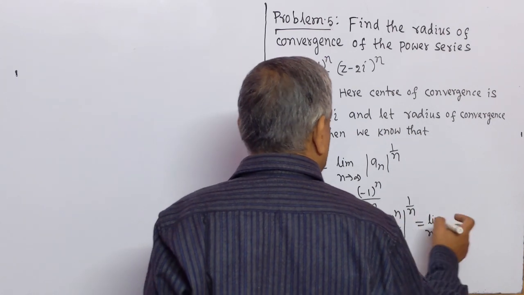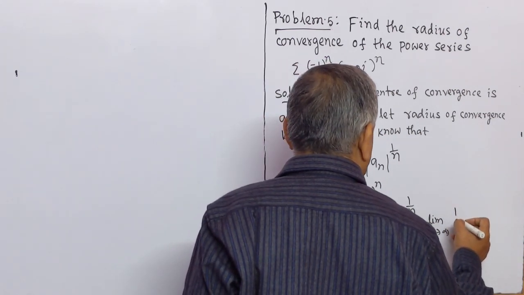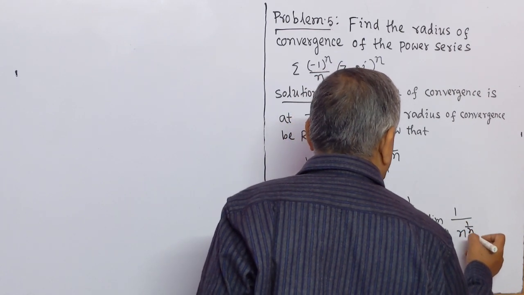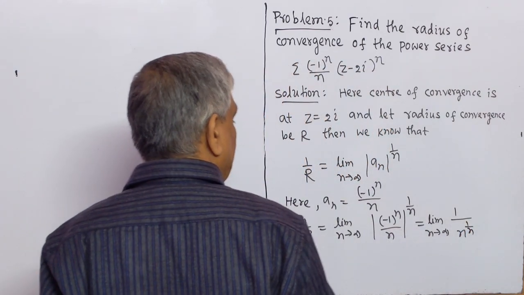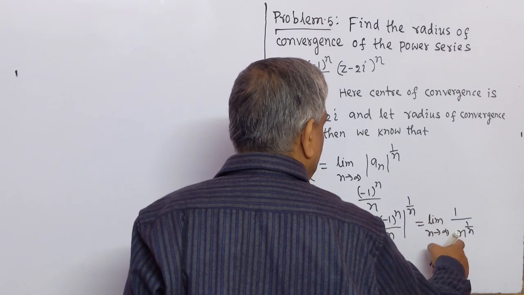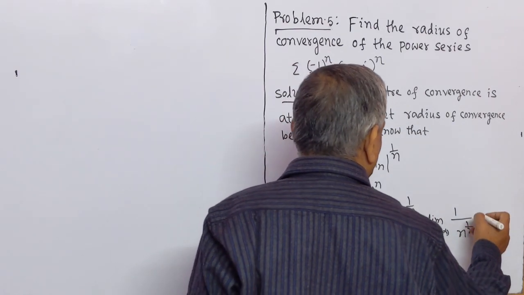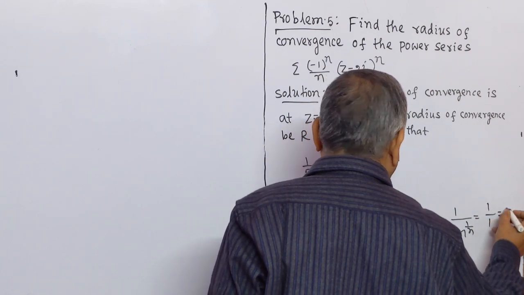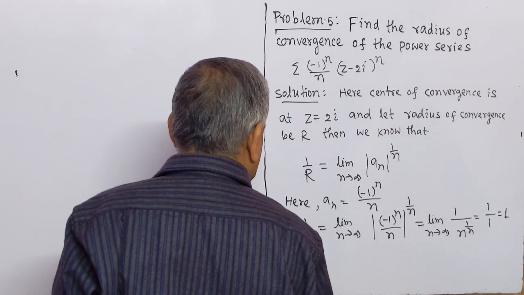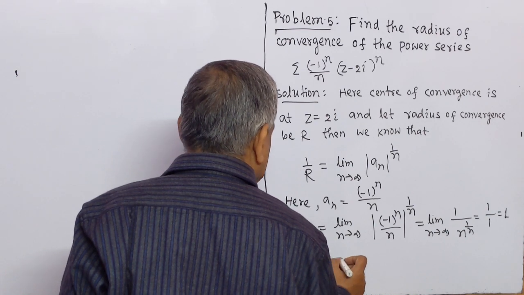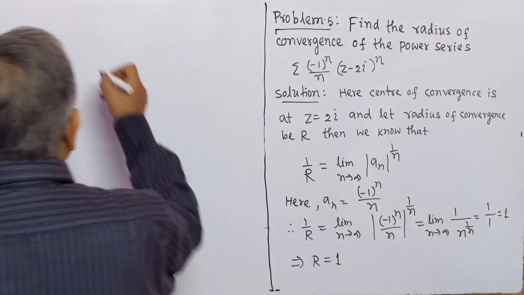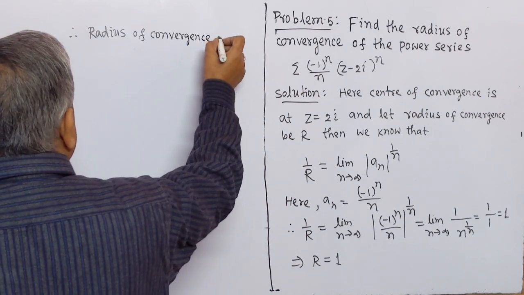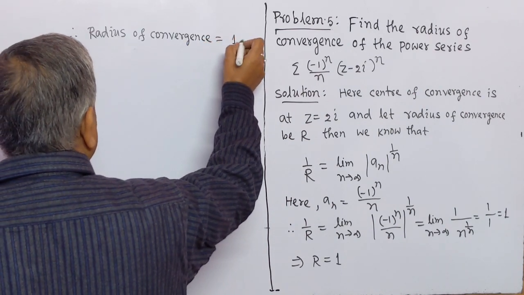In modulus we get positive quantity 1 by n to the power 1 by n. Since limit n tends to infinity, n to the power 1 by n equal to 1. So this is equal to 1 by 1 means 1, implies that r equal to 1. Therefore radius of convergence equal to 1.